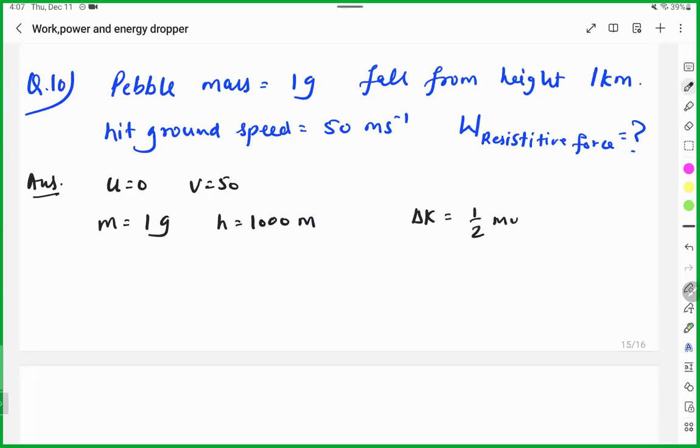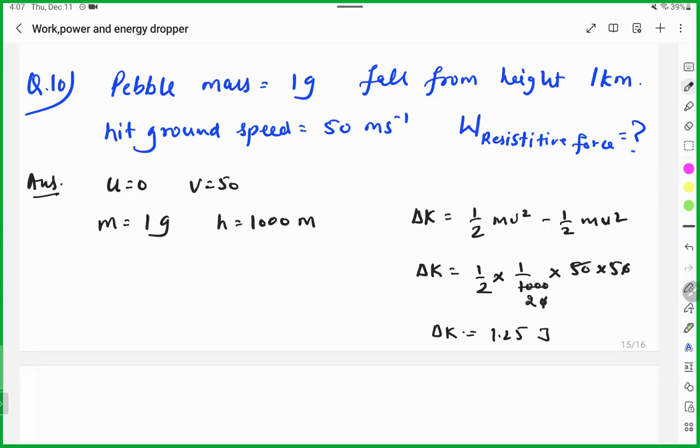Final is half mv square. Initial is half mu square. And you know initial is 0. Correct? So change in kinetic energy is equal to half, mass is 1 by 1000 because 1 gram, and velocity is 50 square. 2500 by 2000. The change in kinetic energy is 5 by 4, 1.25 joule.